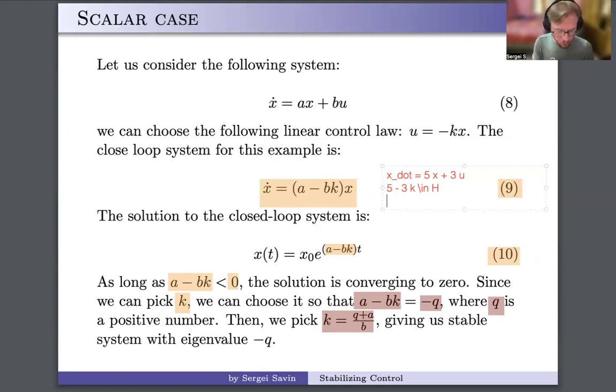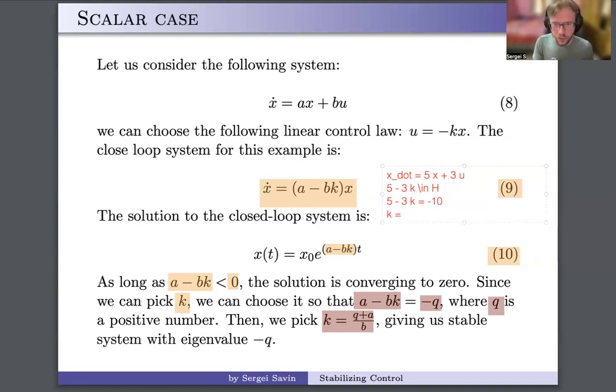Now, what we do is, let's say we want a minus bk to be equal to minus 10. Right? So 5 minus 3k, so a minus bk should be equal to minus 10. Right?